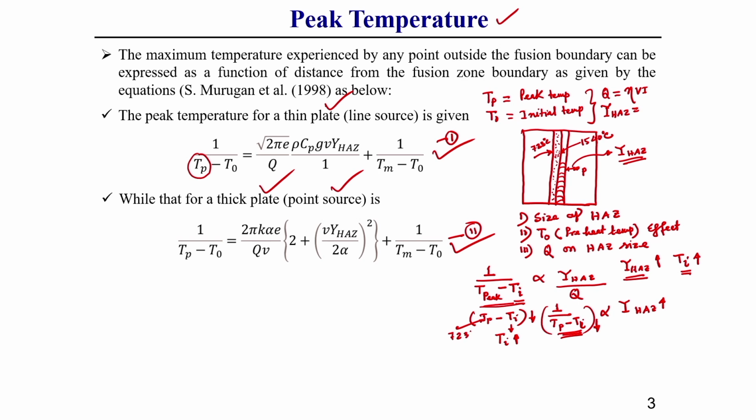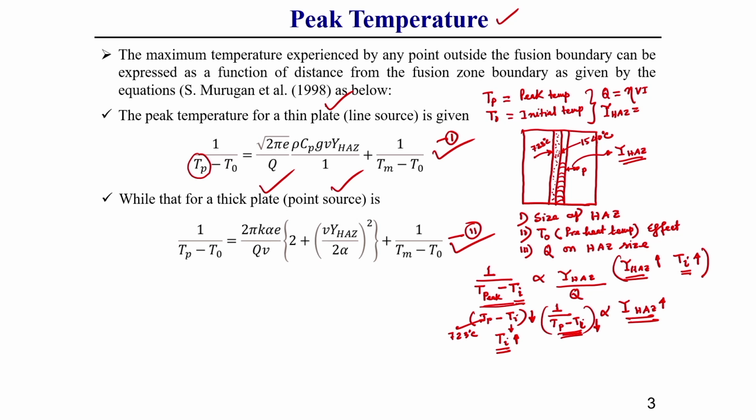Now, if Ti is increased, then this difference will decrease. If this difference decreases then your heat affected zone size will increase. That is, I have written that heat affected zone size generally increases if preheat temperature increases. You should keep these things in mind. You got the idea of how it is coming.